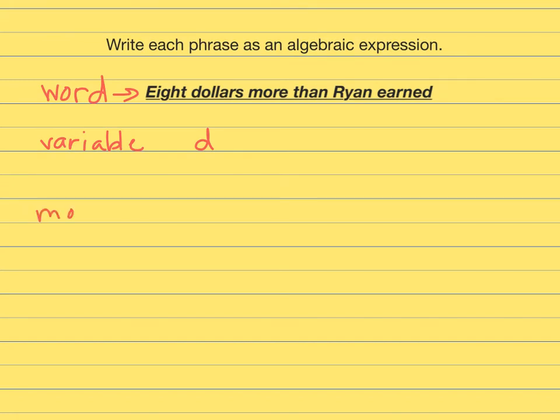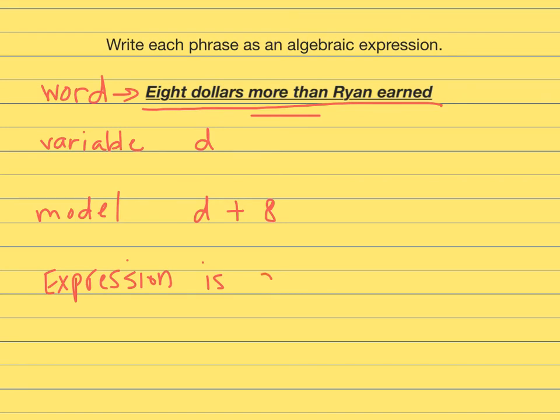So to model it, we're going to say that Ryan's earnings were D. And $8 more than Ryan earned would be D plus 8. $8 more than what Ryan earned. So the expression is D plus 8.